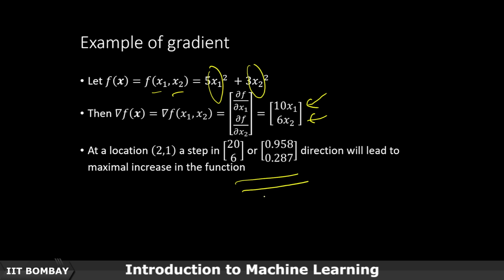I computed the derivative at point x1 equal to 2 and x2 equal to 1, and I got 20 and 6. If I convert it into a unit vector, then I will get a unit direction, and that direction tells me where I will step for maximum increase. If I want to go to the bottom of this, I will go in the negative of this direction.